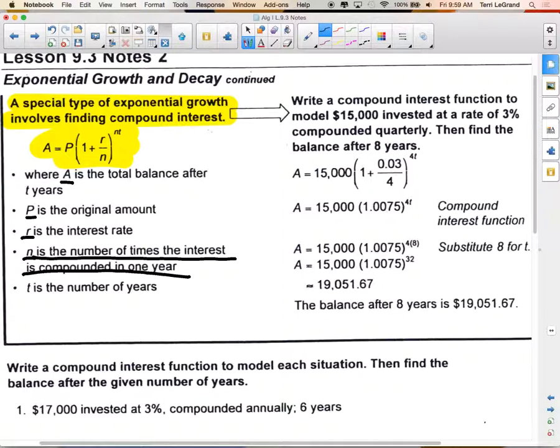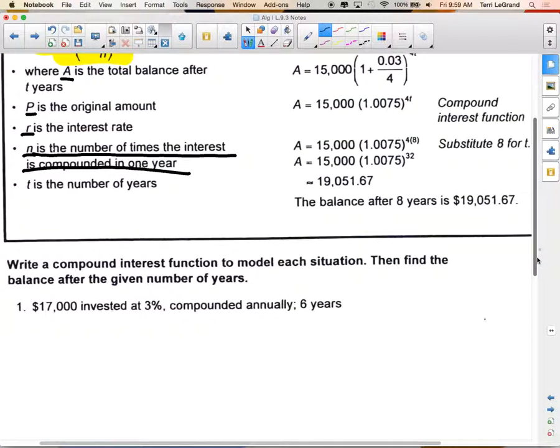What if it's compounded monthly? 12, then N would be 12. What if they're really generous and they compound it daily? 365. N would be 365. So according to how many times in 1 year it is compounded, that determines our N value. And then T is still our time measured in years.